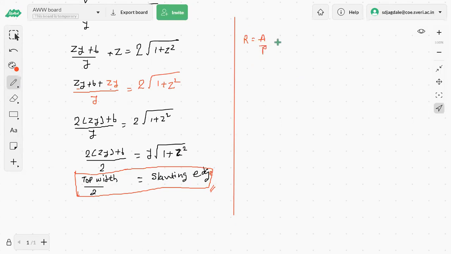Area A is y into zy plus b, divided by the perimeter that we know, that is 2y into root of z square plus 1 plus b. Is it correct? Whatever I have written over here for hydraulic radius.